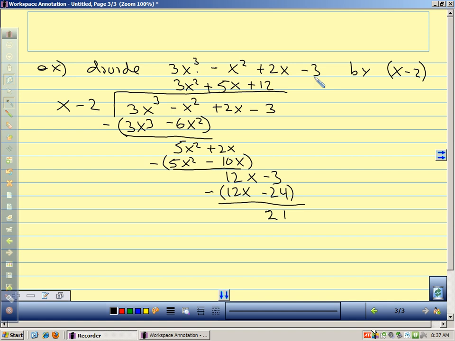So this problem tells us that 3x cubed minus x squared plus 2x minus 3 divided by x minus 2 is 3x squared plus 5x plus 12 plus 21 over x minus 2.